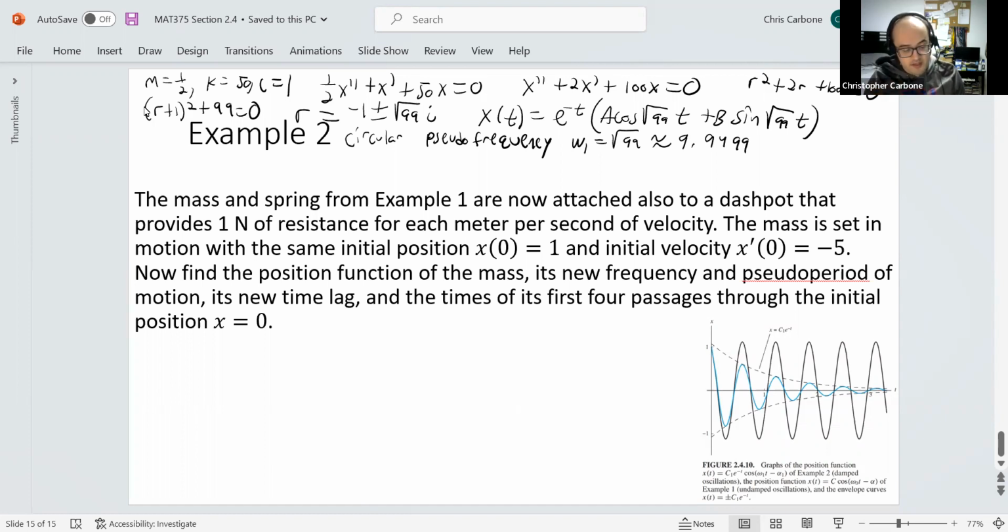The pseudo period would be T sub 1 is equal to 2 pi over omega sub 1, and that being 2 pi over the square root of 99. And that is about 0.6315 seconds.